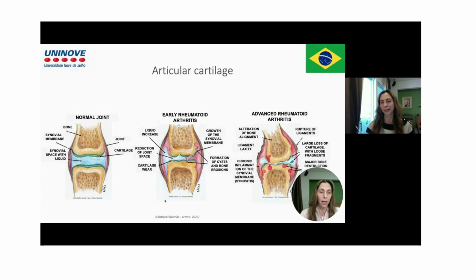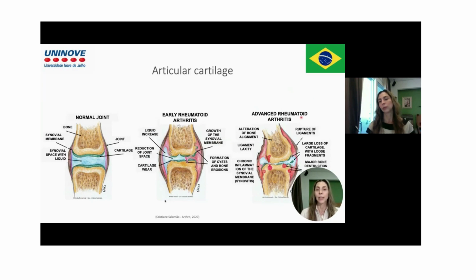So, in these 3 pictures, we can see the difference between them. This is the normal joint. In the normal joint, you see a synovial space with liquids, the synovial membrane, good bones, and this is a good joint. In early rheumatoid arthritis, you can see the reduction of the joint space, the cartilage wear, the liquid increase, growth of the synovial membrane, and the formation of cysts and bone erosions.